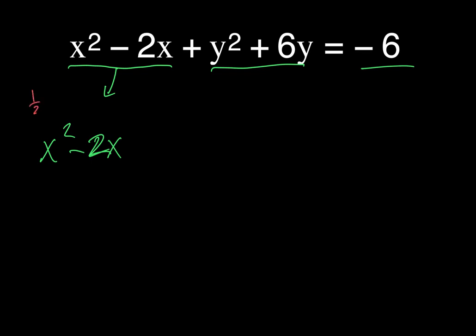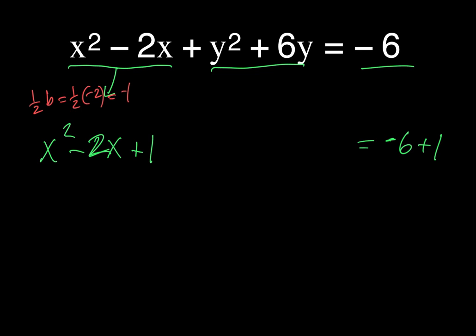So half of b, which will be half of negative 2, is negative 1. And then I square that and add it to this equation. So it'll be plus 1, because negative 1 squared is negative 1 times negative 1. All right. And whatever I do to one side of an equation, I have to do to the other side. So I'm going to add 1 over here.